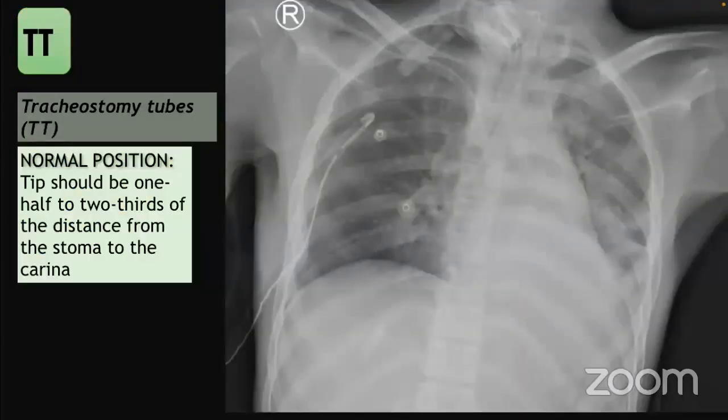Here, the tip of the tracheostomy tube is about the proximal part of the right main bronchus.